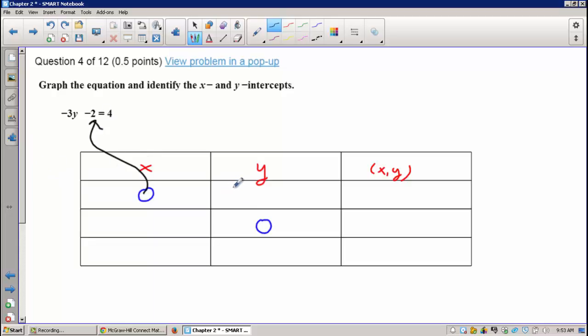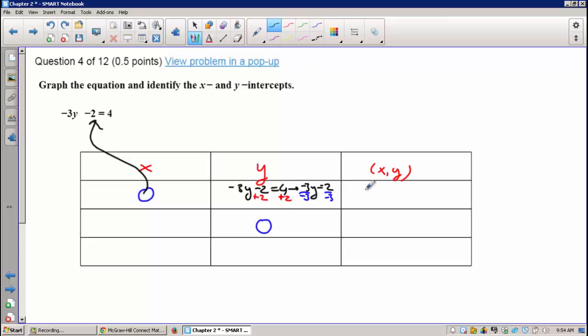Then I will just copy the equation and solve it. There is no x to substitute, that's fine. So I will just get y isolated. Add 2, and when you add 2, negative 3y equals 2, and I divide both sides by negative 3.